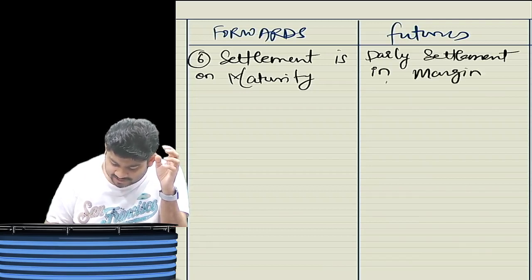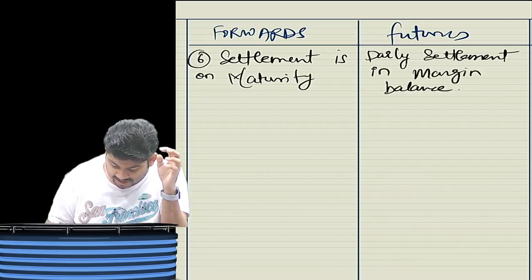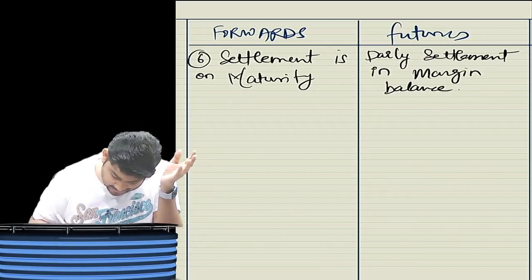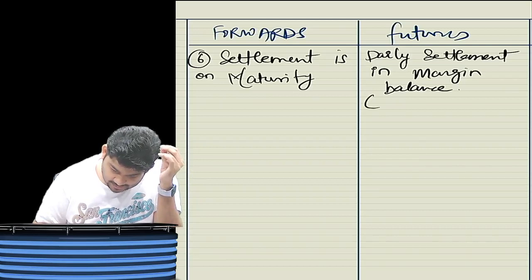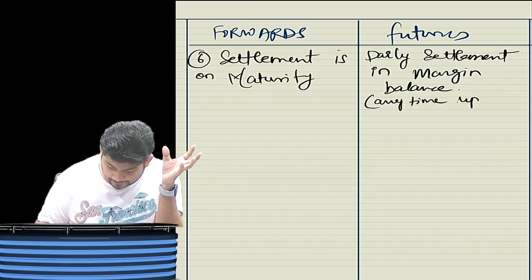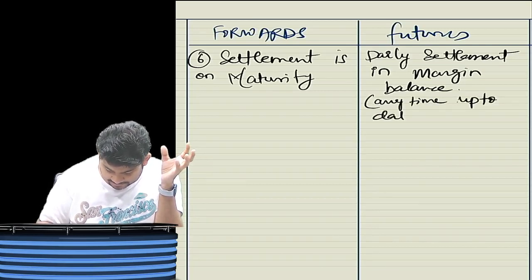What is this? We will do it when we do the margin part. Right? So in short, any time we can settle the futures up to date of expiry. Got it?